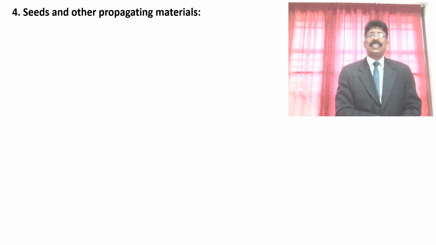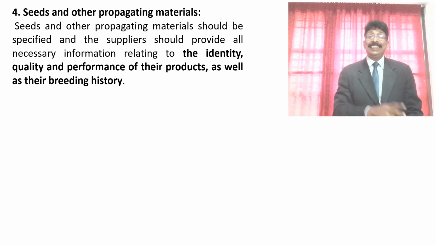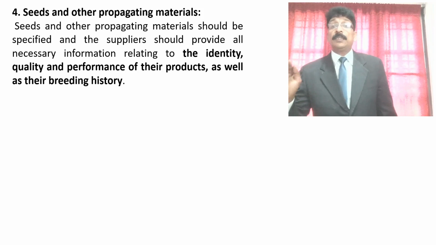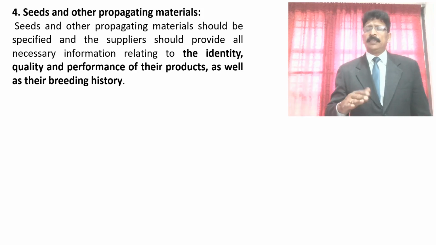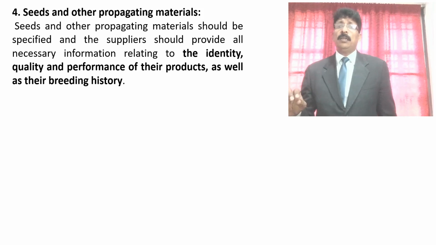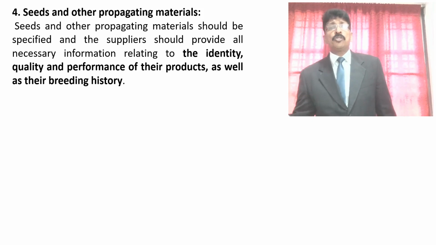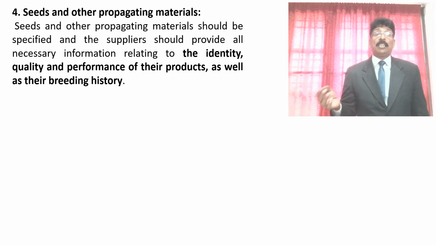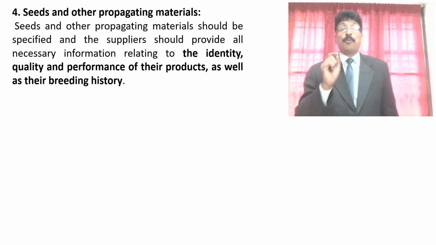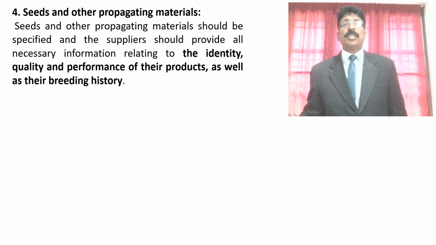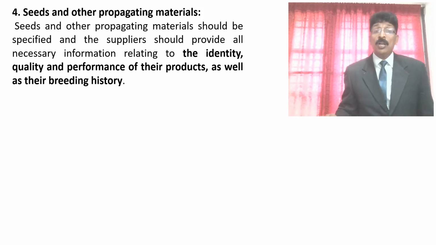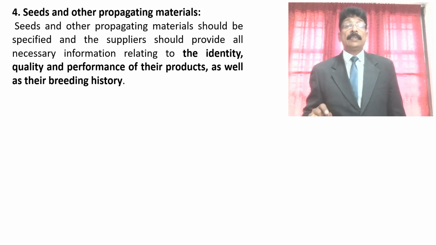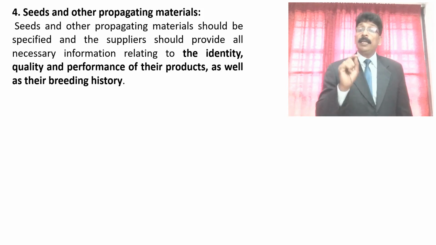Seeds and other propagation materials. There are many, like asexual methods, where a part of the plant can also be used instead of seed. So the seeds or other propagation method should be specified, and the supplier should provide all necessary information relating to the identity, quality and performance of their products as well as their breeding history.